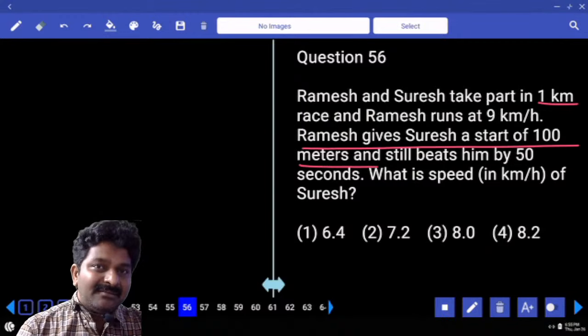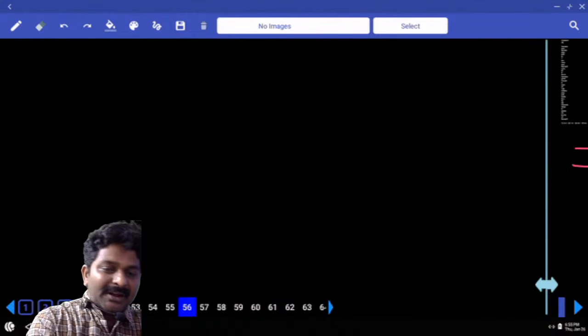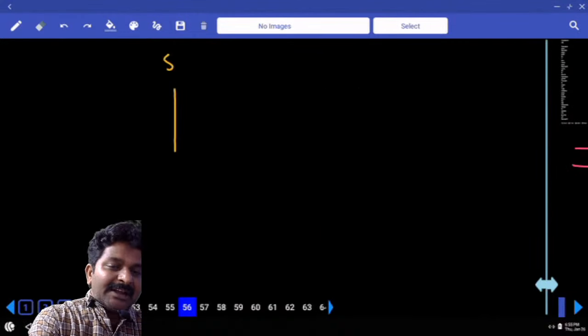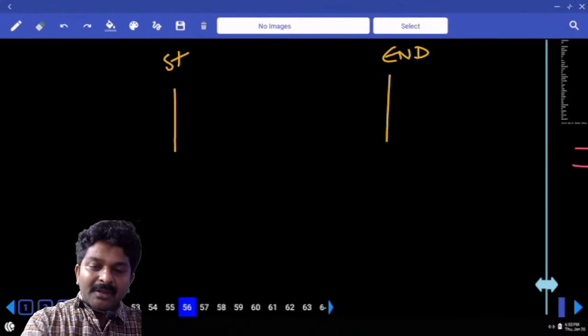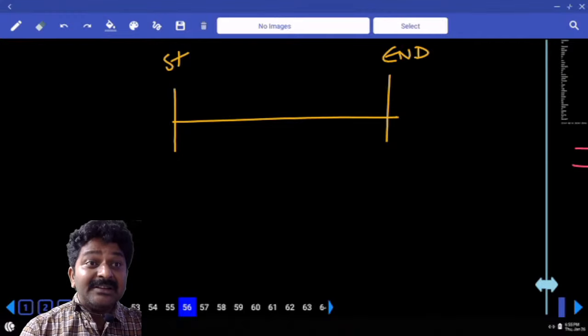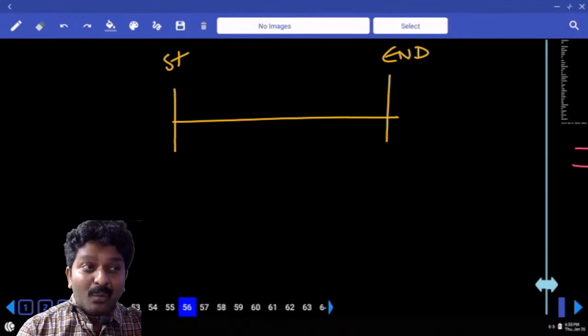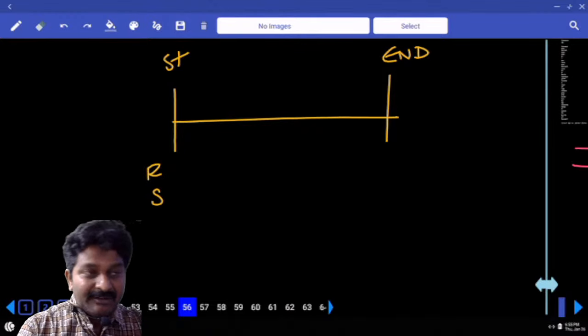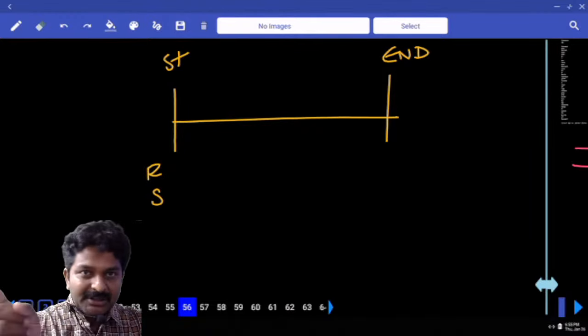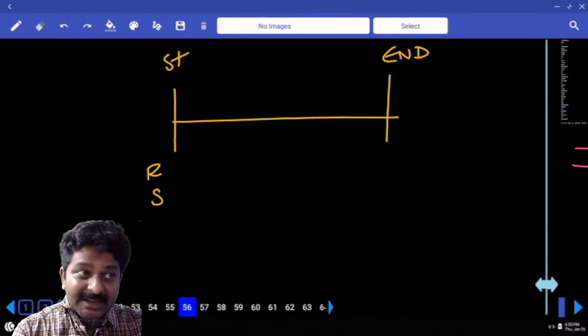Giving a start, let me tell you what that means. This is the starting point and this is the end point, correct? How much is this distance? 1 kilometer. If both Ramesh and Suresh start from the beginning, both need to cover 1000 meters, correct?